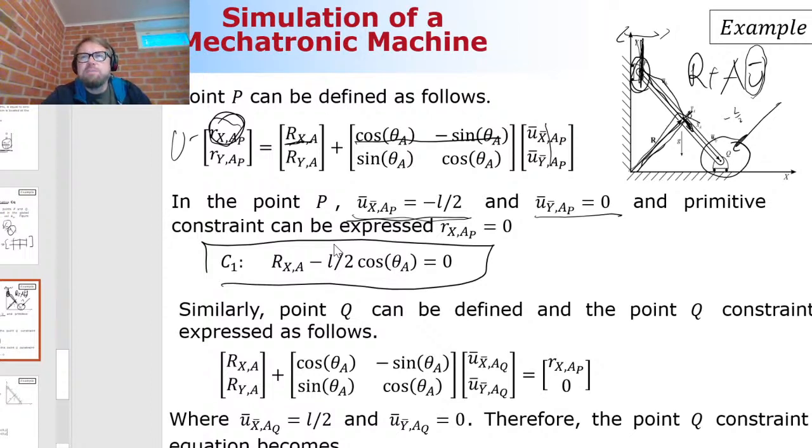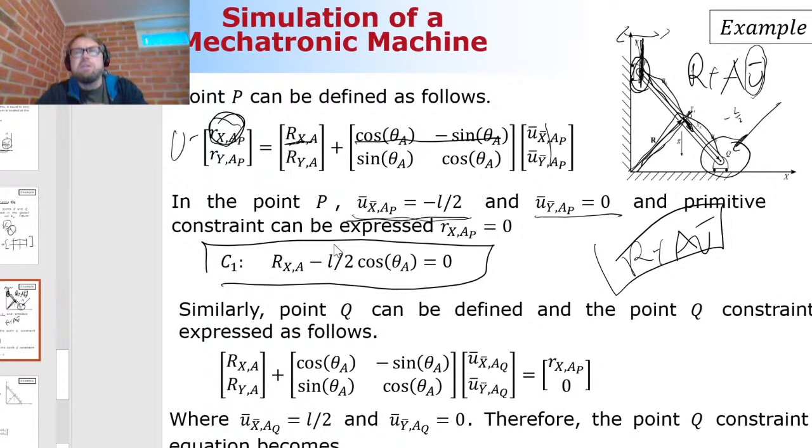We're going to look at this point here. First, we're going to express this point using this equation that we always have to use. No other choices are allowed. If you use any other means of kinematics, it's going to be a criminal action. Not allowed. You always have to follow this because that's what we agreed on in the very beginning of the course. So in this equation, my vector u bar this time has u bar x equal to L divided by 2 and u bar y equal to 0.